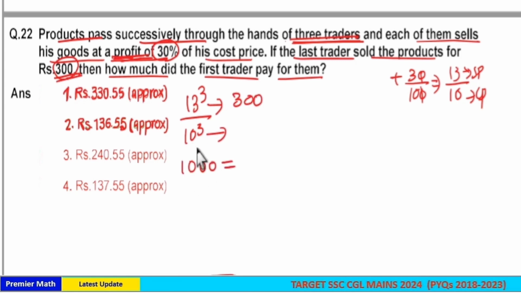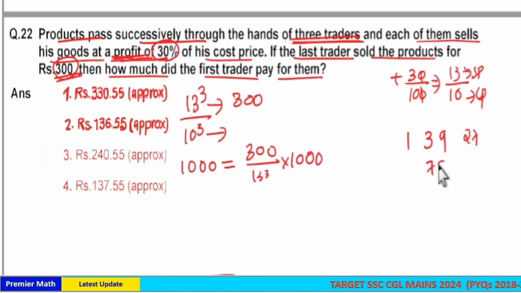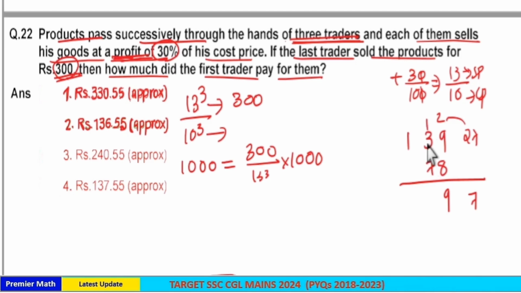Here 10 cube is equal to 300 by 13 cube into 1000. So here 13 cube is equal to 3 cube is 27, 1 cube is 1. 1 square into 3 is 3, 3 square into 1 is 9. Take the double of 39 which is 78. Now add 2 carries over, 2 plus 9, 11, 11 plus 8, 19, 1 carry over, 4 plus 7, 11, 1 carry over 2.